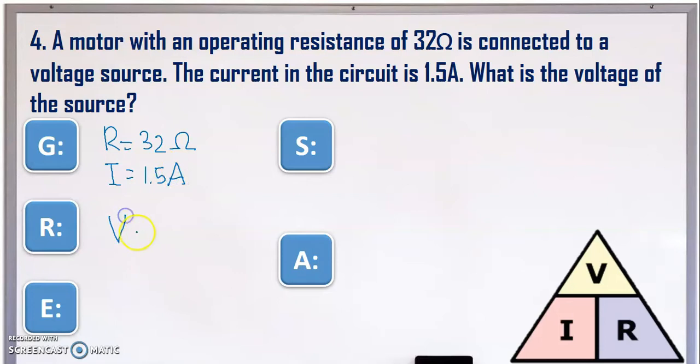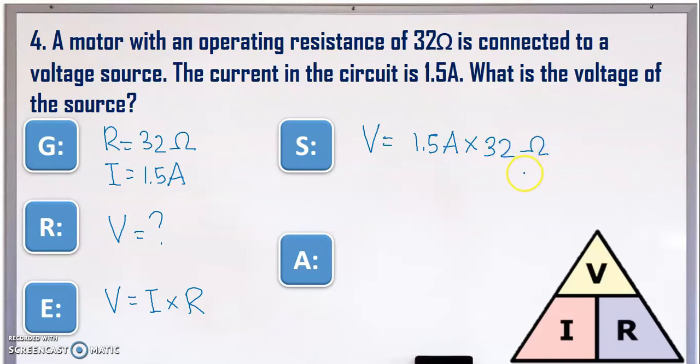The required quantity is V. To compute for the voltage, the equation that we have to use is V = I × R. For the solution, V is equal to the value of I, which is 1.5 amperes, and the value of R, which is 32 ohms. Multiplying the two quantities, we'll get the value for V, which is 48 volts.